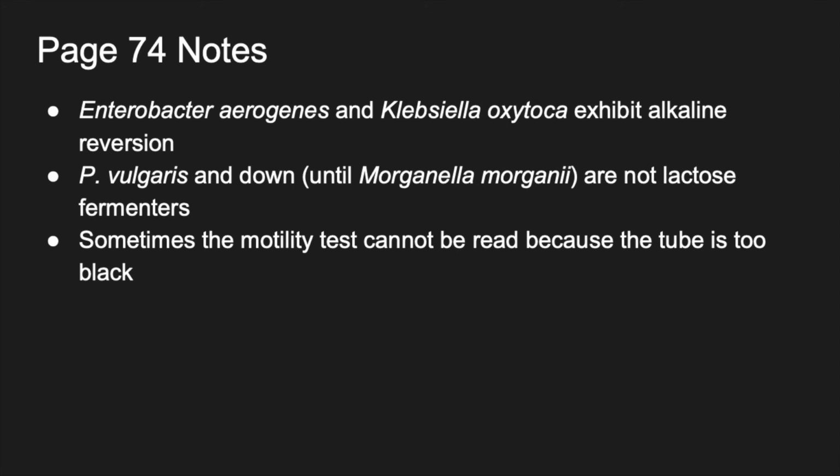So two test tubes specifically on page 74 were too black to read, but we just call them positive, and that was Citrobacter freundii and Proteus vulgaris. So the motility results for Citrobacter freundii and Proteus vulgaris are both positive. However, it was kind of too black to tell. We'll just assume they're motile.